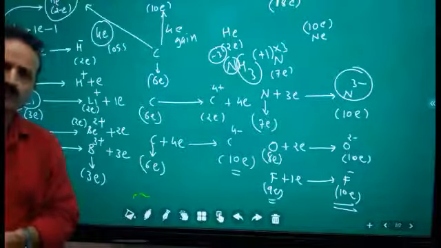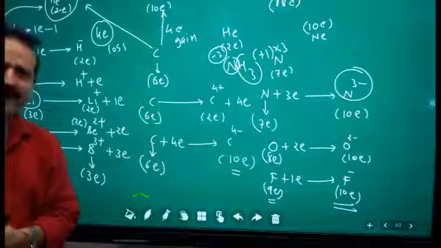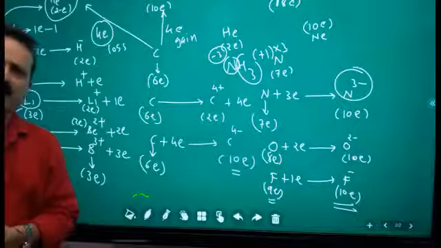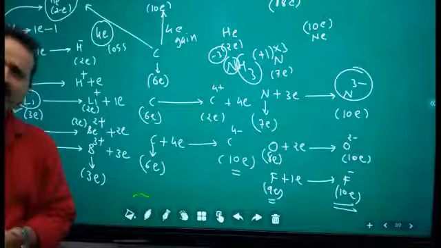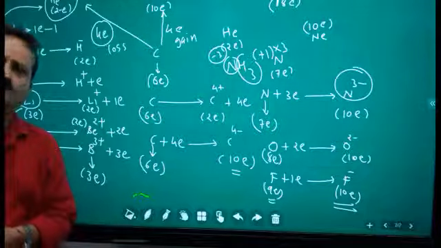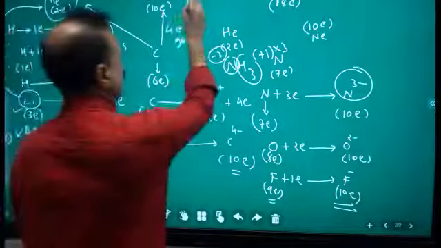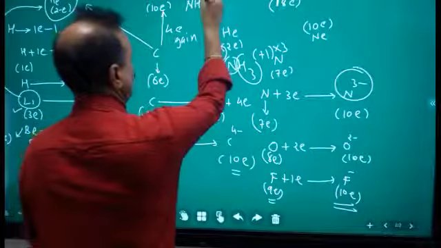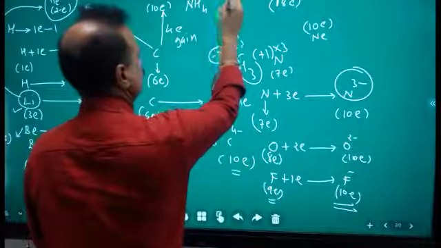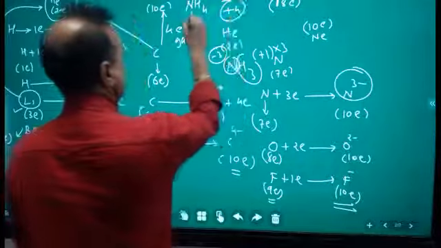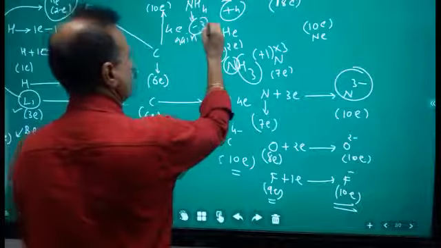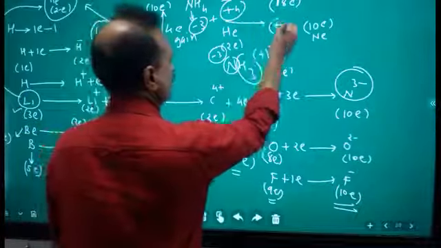But you must know the basic knowledge of any compound, why there is NH3, why NH2 is not written. If you write NH4, there must be 1 plus. Suppose we have NH4. 1 hydrogen is plus 1, 4 hydrogens plus 4, and 1 nitrogen is minus 3. Plus 4 minus 3 means the charge will be plus.